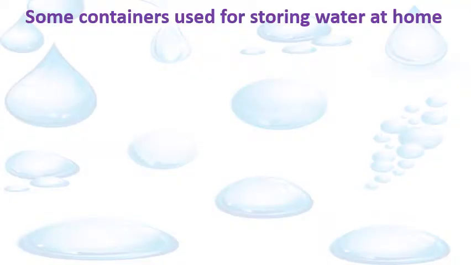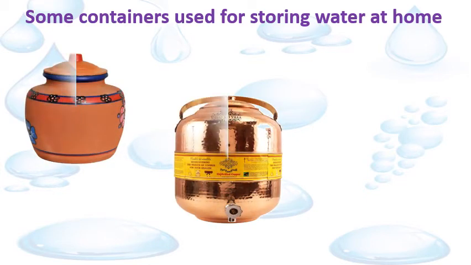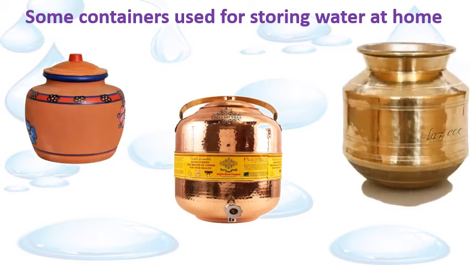Now, we need water all the time. We have to store water in the house so that we can get it when we need it. Here we can see some of the containers used for storing water at home. See this.